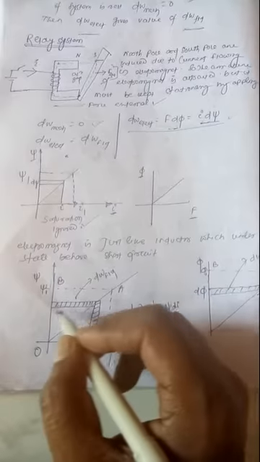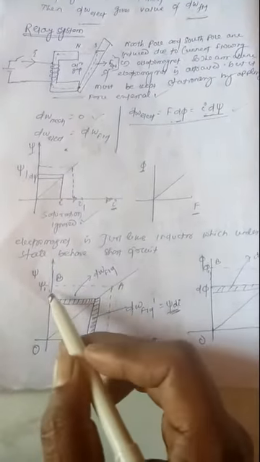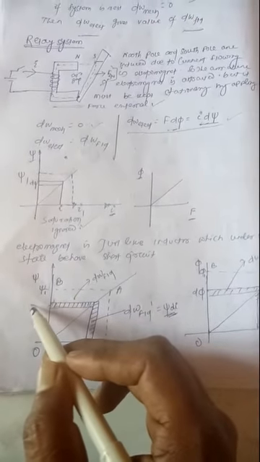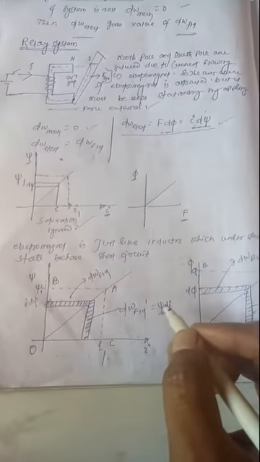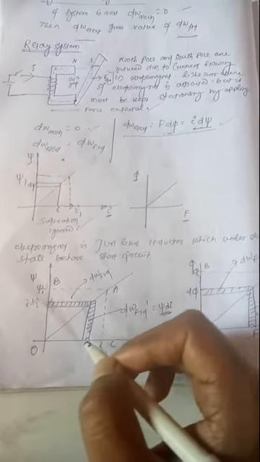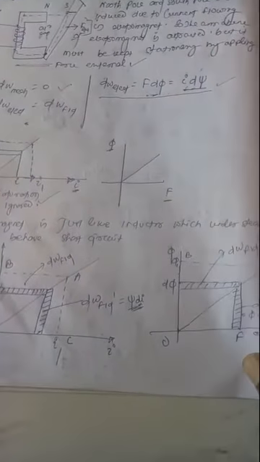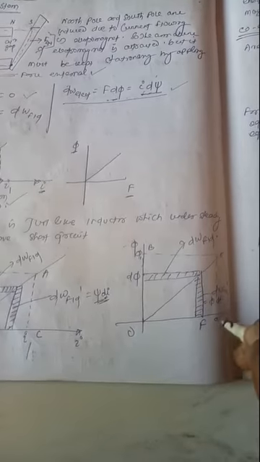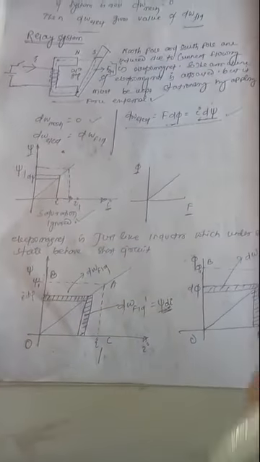This strip indicates the change in flux linkage, so this is your I into d psi. This other section gives you the value of psi into di, because here the flux linkage is constant and the current is variable. Similarly, there are F d phi and phi dF. So these are the curves you can obtain.